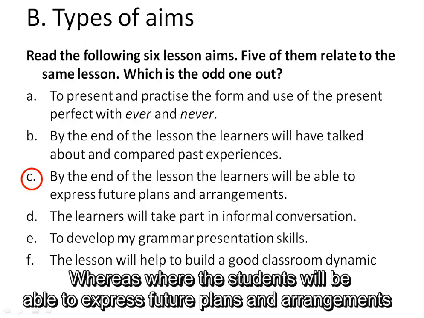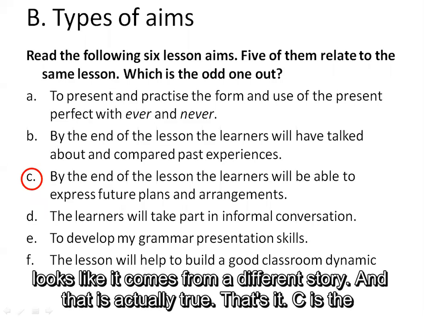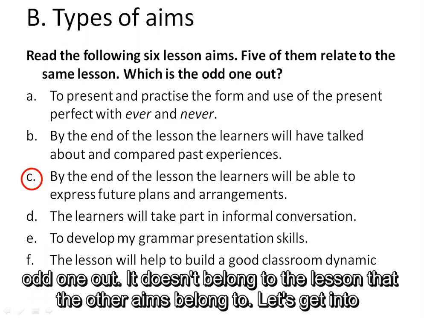Whereas C, where the students will be able to express future plans and arrangements, looks like it comes from a different story, and that is actually true. So that's it. C is the odd one out. It doesn't belong to the lesson that the other aims belong to.